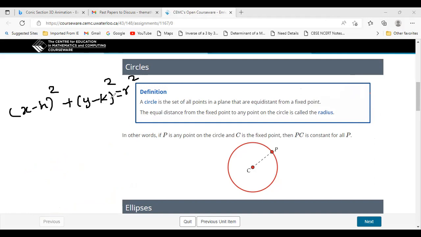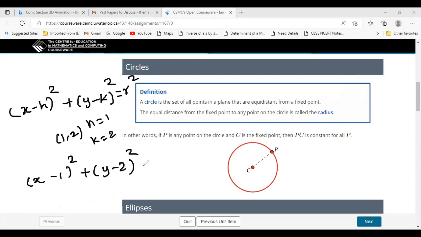Let's say a point like 1 comma 2 as the center of the circle. Now my value of h is going to be 1 and k is going to be 2. So I will have x minus 1 the whole square plus y minus 2 the whole square is equal to, maybe I'll assume the radius is 4.